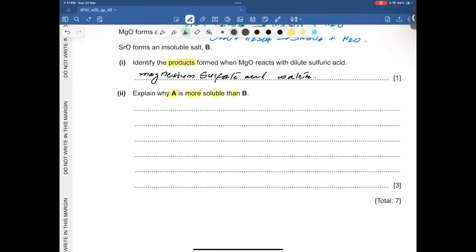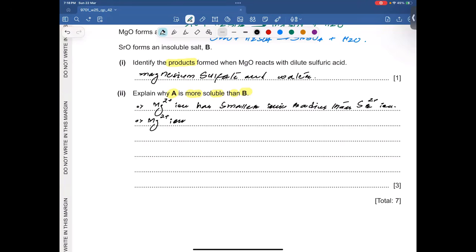Explain why magnesium sulfate is more soluble than strontium sulfate. So first of all, let me remind you that the magnesium ion has a smaller ionic radius than the strontium ion, which means the magnesium ion has higher charge density than the strontium ion.